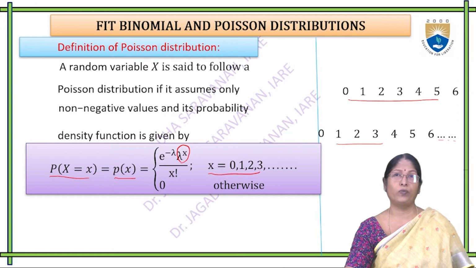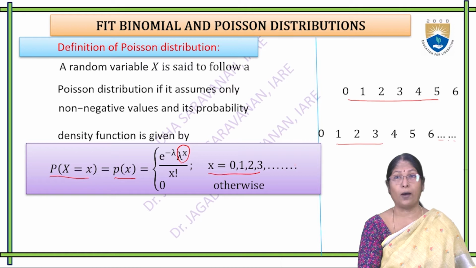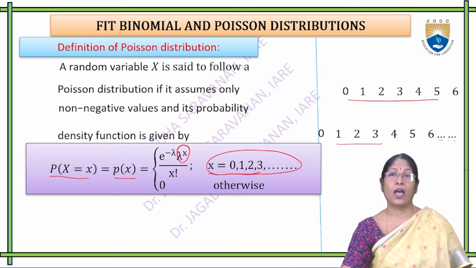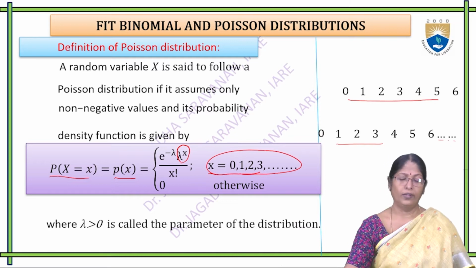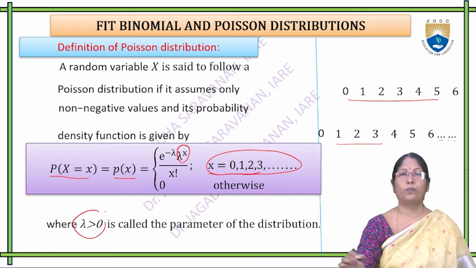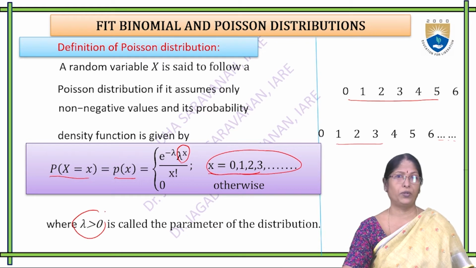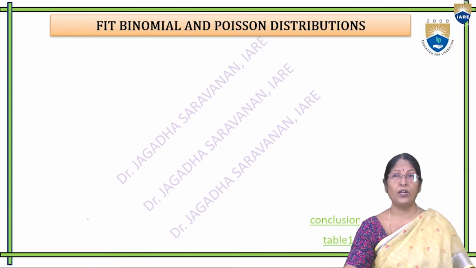But in the binomial distribution we discussed earlier, it is 0, 1, 2, 3 up to n. Students have to understand this point very clearly to see the picture about Poisson and binomial. This lambda value is always positive, that is, lambda greater than 0. This is the parameter. Lambda is nothing but the mean, that is, the mean of the Poisson distribution is lambda.